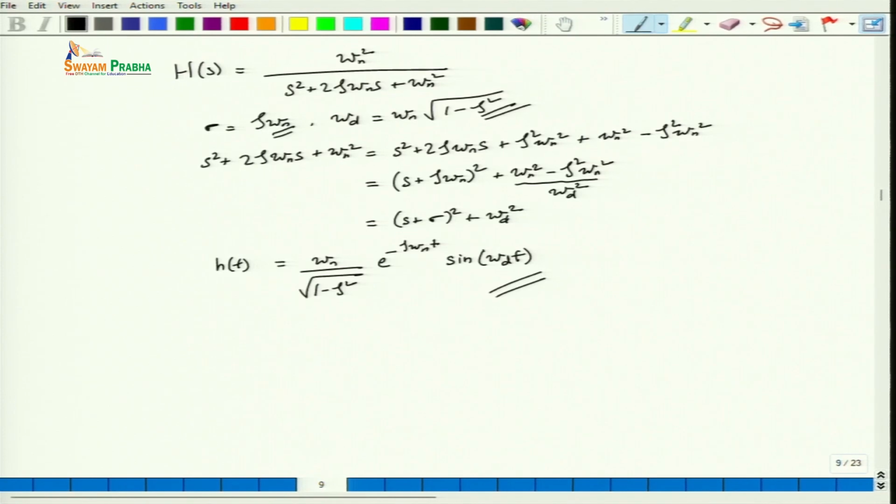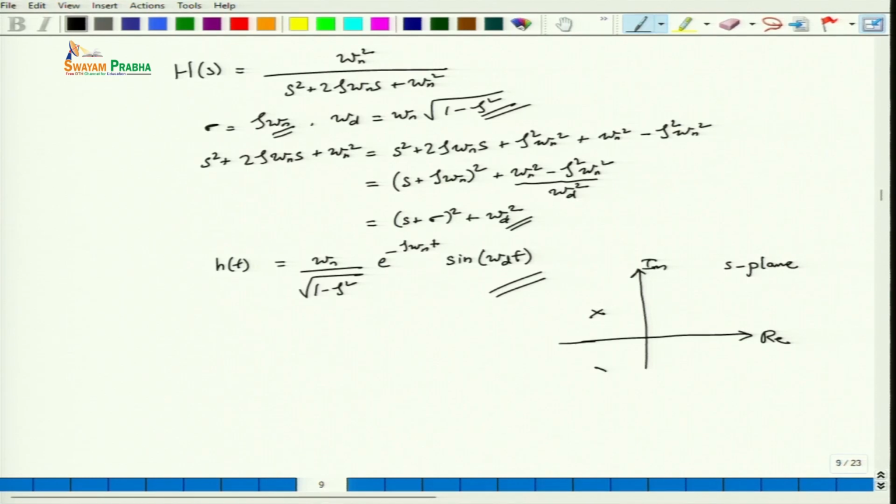This is the impulse response, but where are these particular poles located? So we go back to this particular part here, and since there are now complex conjugate poles, in the S plane, this is the real axis, and this is the imaginary axis.